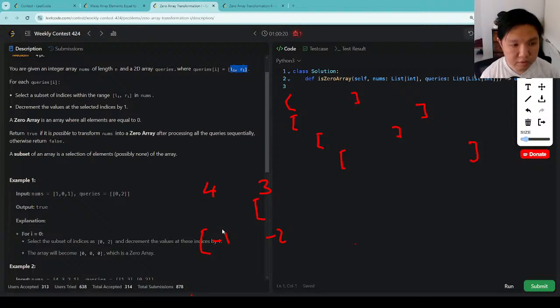So 3, 6. Oh, okay. Damn it. That's such a simple, obvious bug.